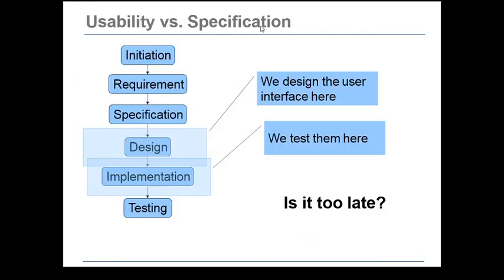So usability versus specification. The first stage is initiation, then the requirement stage, then the specification stage, then the design and implementation stage, and finally testing.